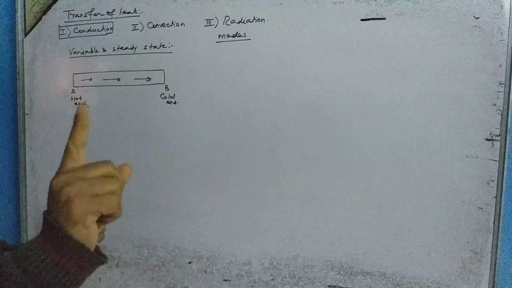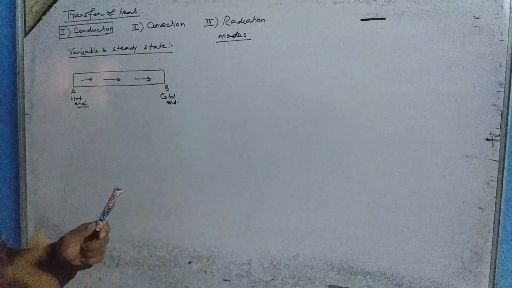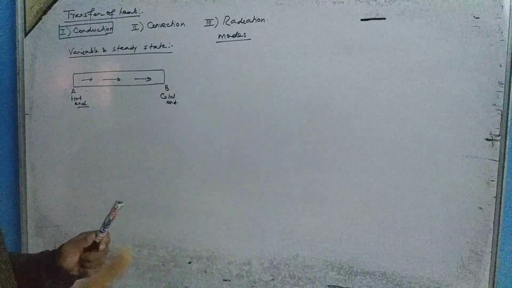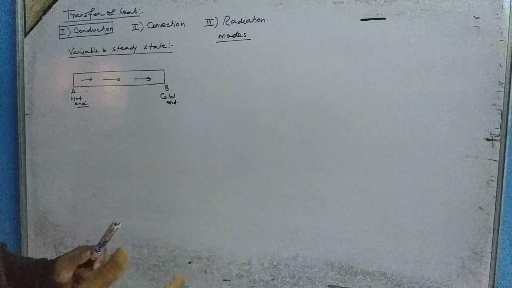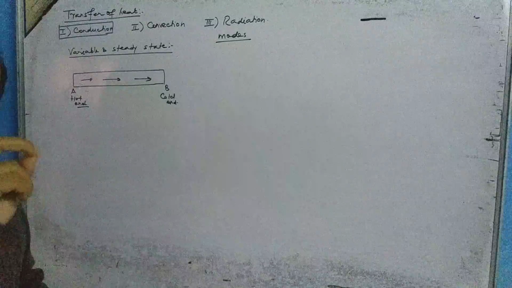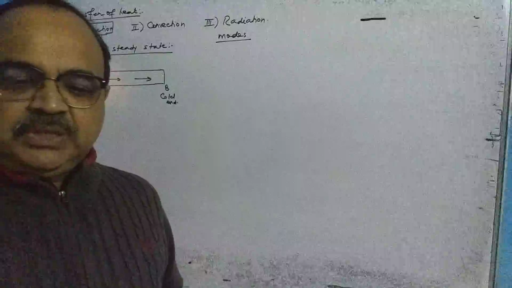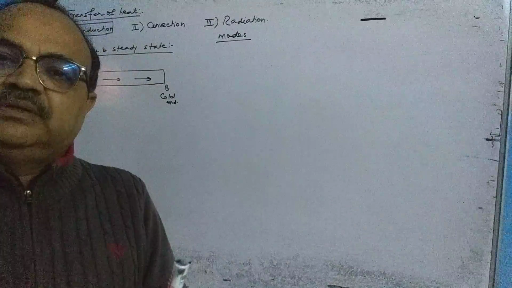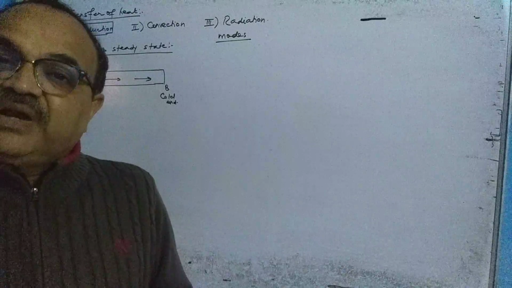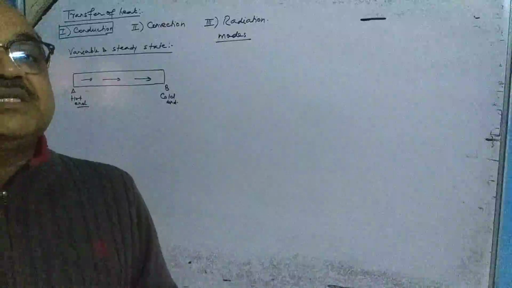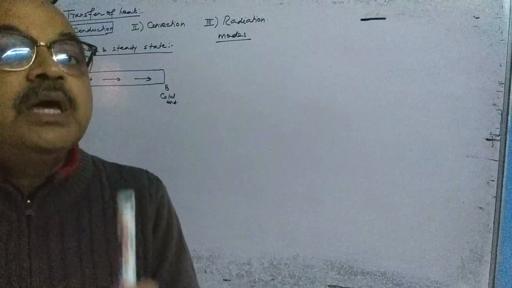Its kinetic energy also increases. In this way, the energy is shared with the neighboring molecules, and the molecules stay at their own place. But the heat is transferred in the form of energy from one end to the other end. Such a type of process is called conduction.